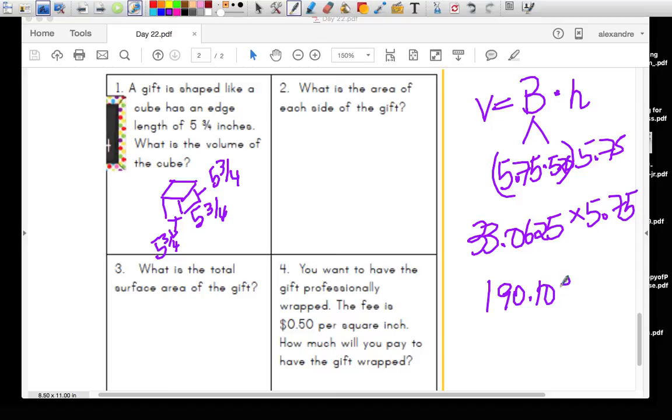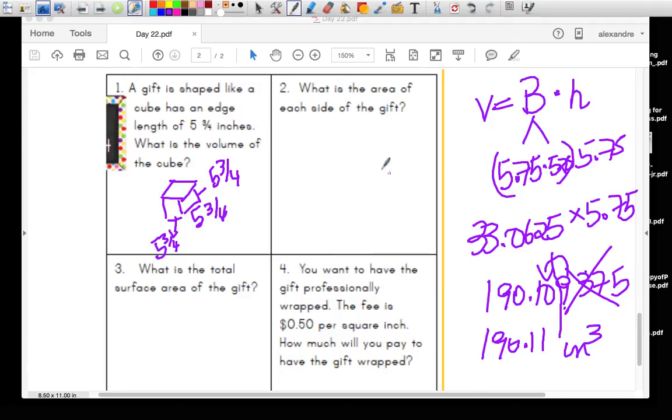Normally they'll tell you to round to the nearest hundredth or tenth, so I'm not going to write all the other numbers, too long of a number. If you're rounding to the nearest tenth, everything after it goes in the garbage, but before you throw it out, it's going to be 190.1, and this 9 will make that 0 go 1 higher. 190.11 inches cubed.